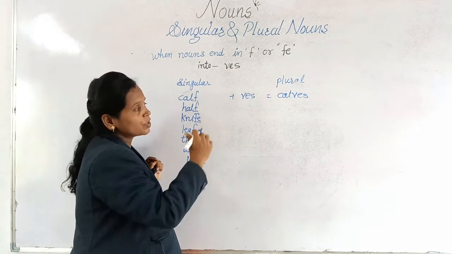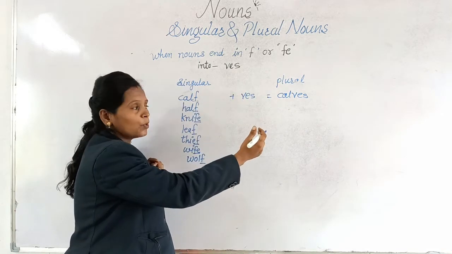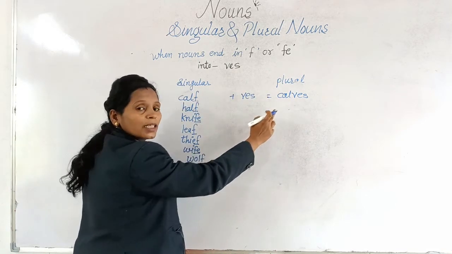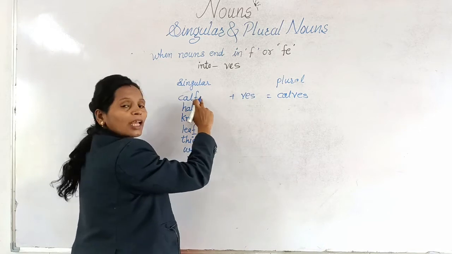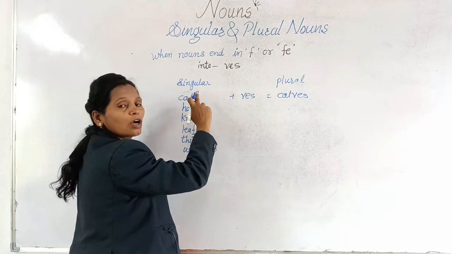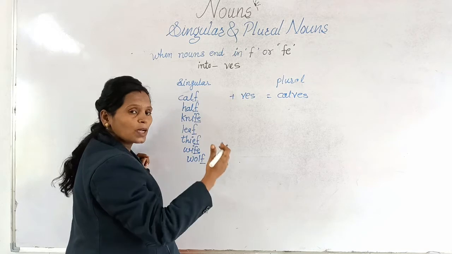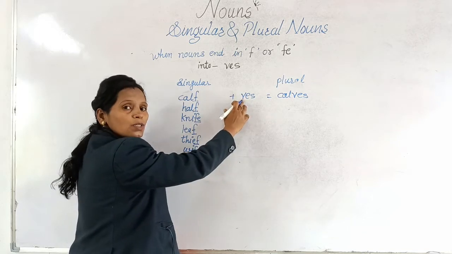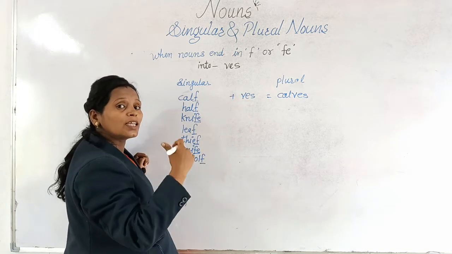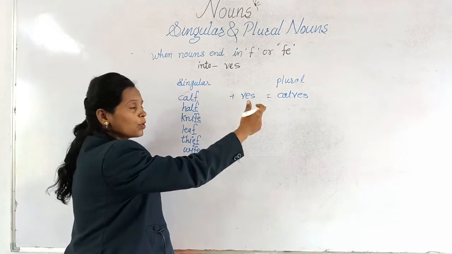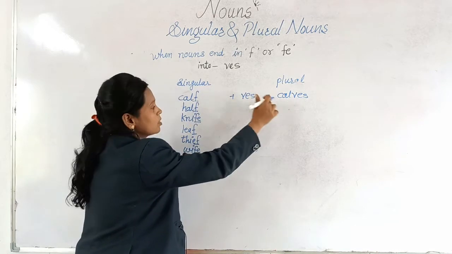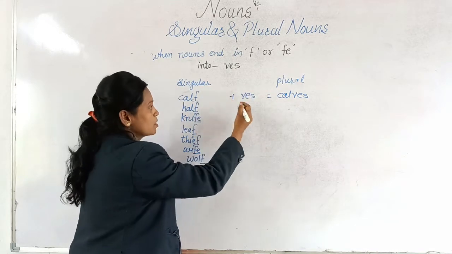Look, how can you change singular to plural? Here, children, the F that we wrote, we dropped that letter, and in its place we added which letters? VES. Then it becomes plural. Cough, coughs. Then half, halves.